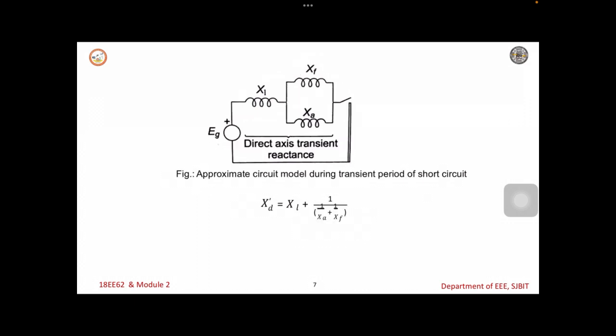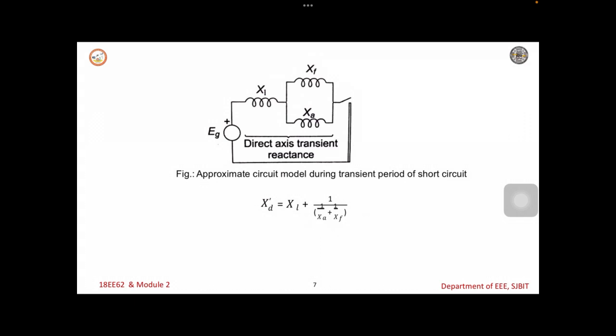Now the induced current in both the field and damper windings decreases exponentially with time, depending on the time constants, that is L by R. The time constant of the damper winding is less compared to that of the field winding, hence the induced currents in the damper windings die fast within a few cycles.